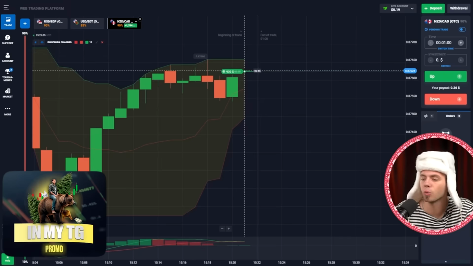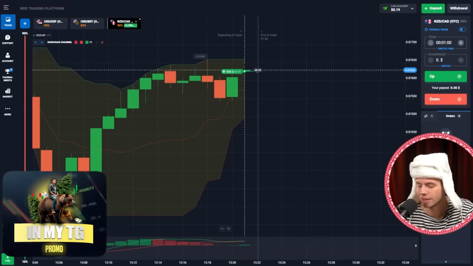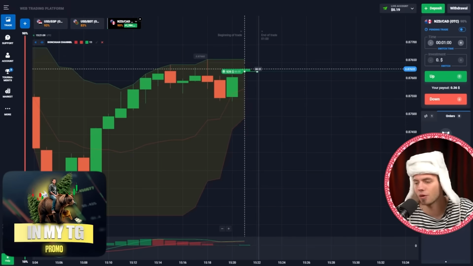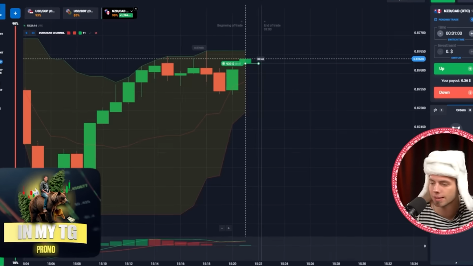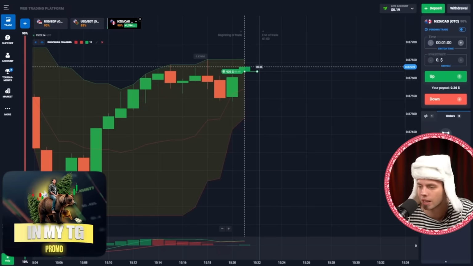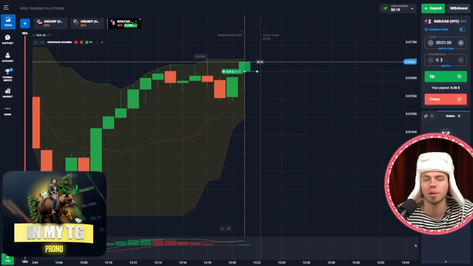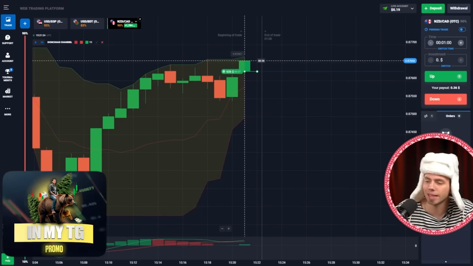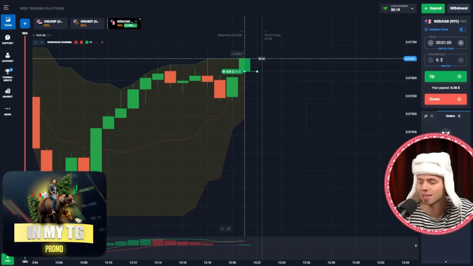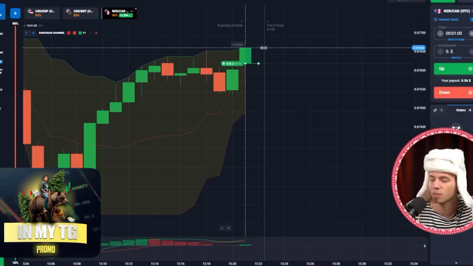Well, first of all, we have this middle line over here, and this middle line right now for us is a very strong support level, because you see we tested it at 1520, but we rebounded from it, and basically right now we have a tendency to growth. Yes, the price is still growing. As you can see, these green candles are appearing at the moment.